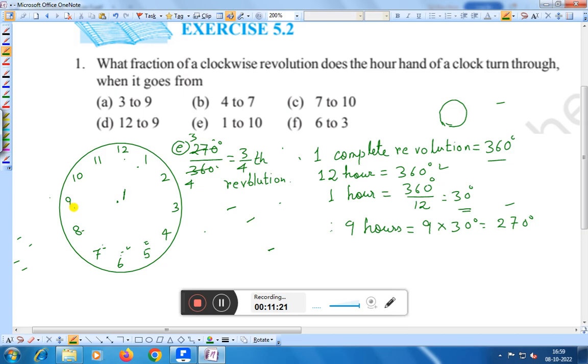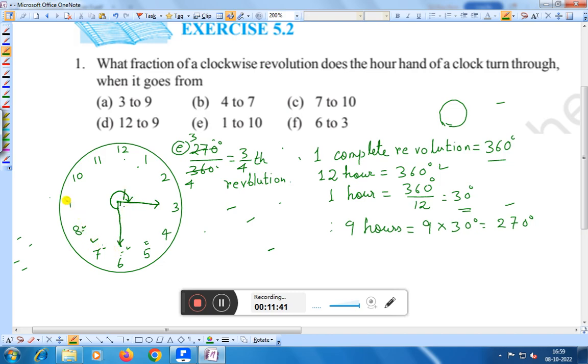This is the center of the clock. Here you find 6 to 3: this is 6 and this is 3. Right? And this is a clockwise revolution like this.